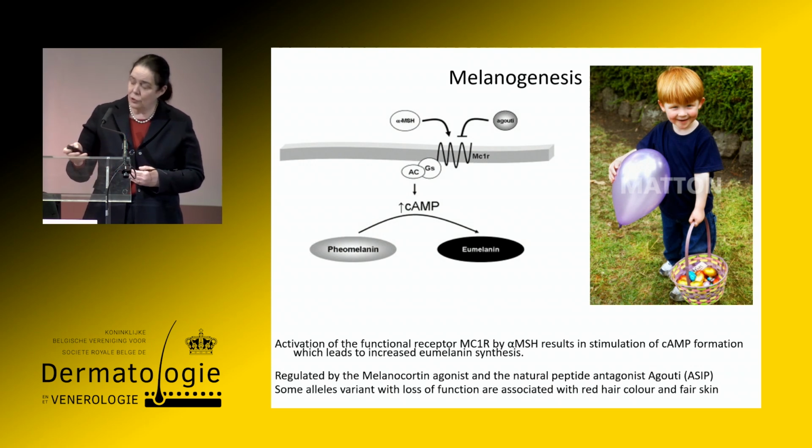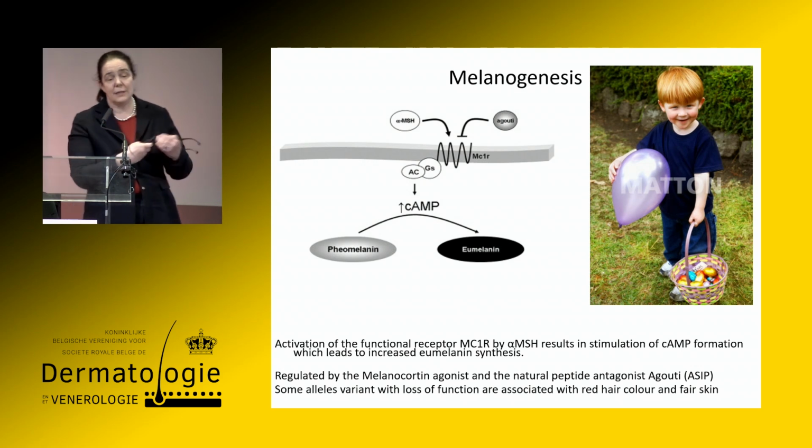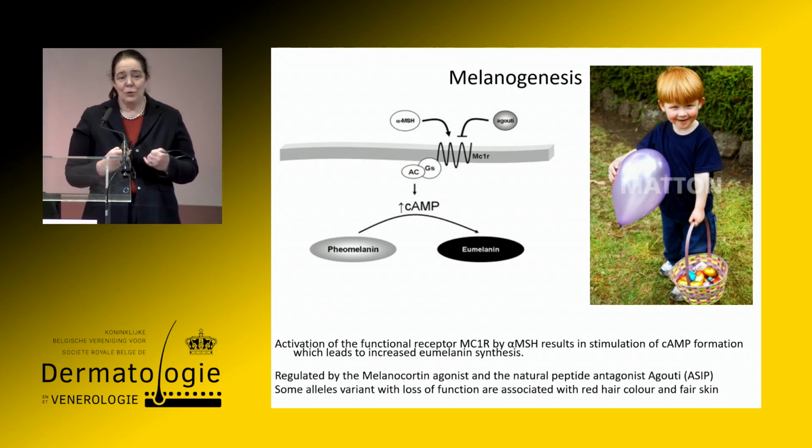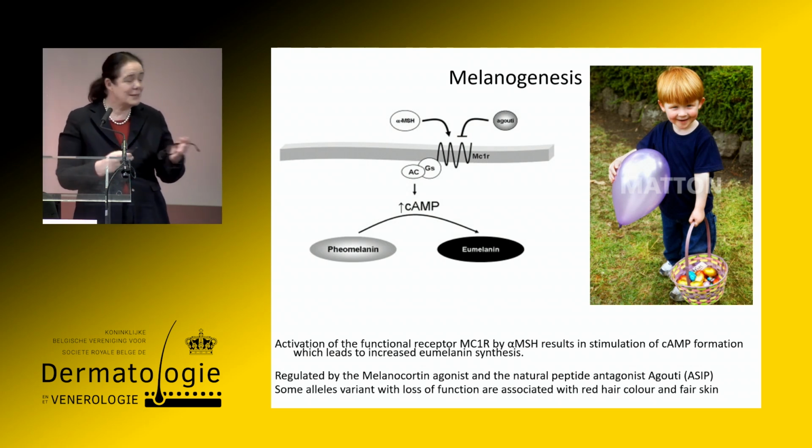You see also something that is amazing is agouti. We'll see this a bit later on. You all know the difference in color with Labrador, for example. A Labrador with a very light fur is with agouti, and if it's not, it's a black fur.